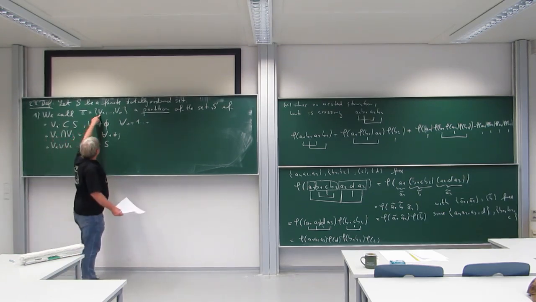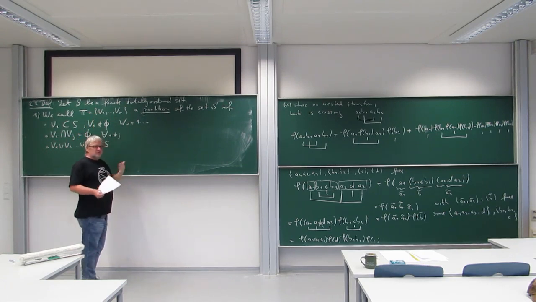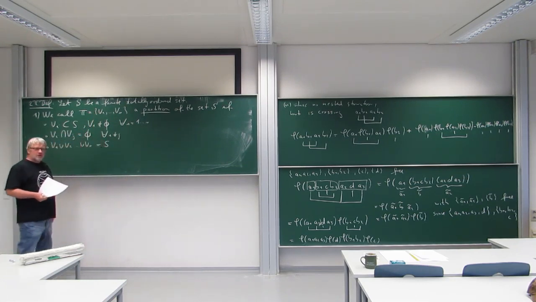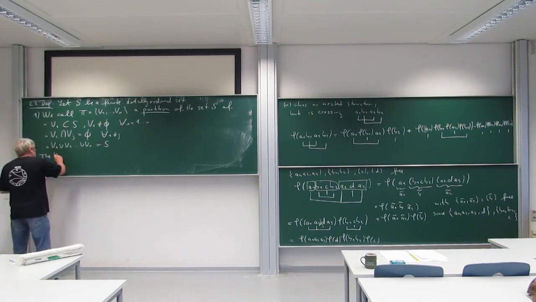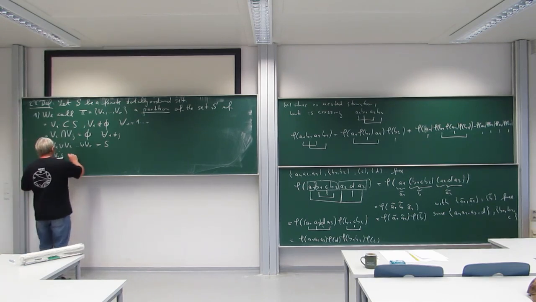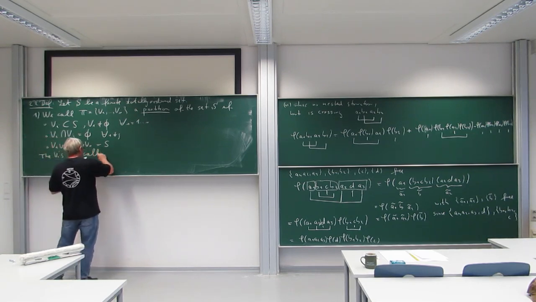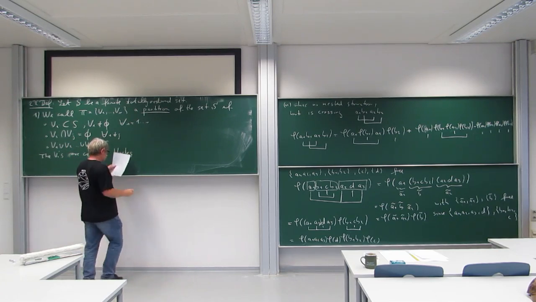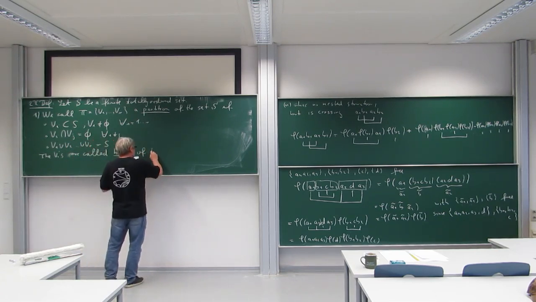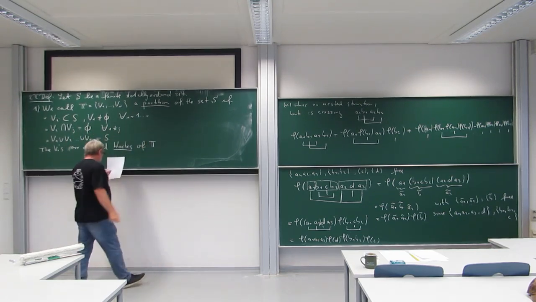So this is just such a decomposition. And the Vi's, the components in this decomposition, are of course important, so we give a name to them. We usually call them the blocks of the partition pi.